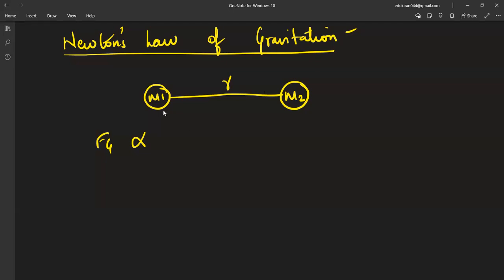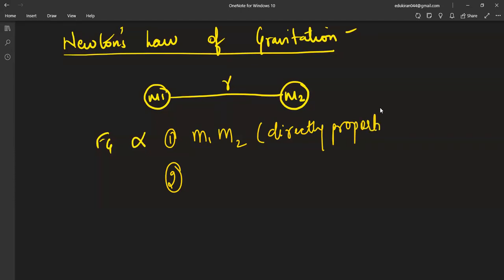So Newton's law of gravitation says that the magnitude of this gravitational force is proportional to two things. Firstly, it is directly proportional to the product of masses, that is m1 multiplied by m2.